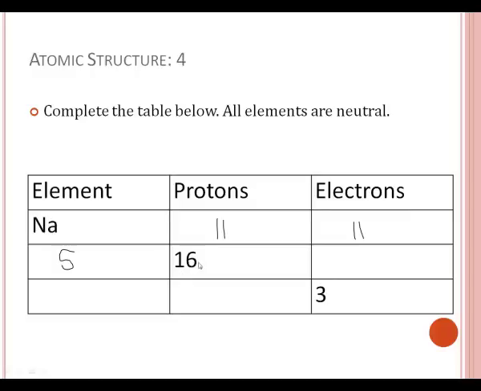So I have 16 protons, which means that I have 16 electrons. And the last one only gives us the number of electrons, but we know since this is neutral that there are just as many protons as electrons. So there are 3. And then if we look on our table of elements, we see that atomic number 3, which is the number of protons, is lithium, or Li.